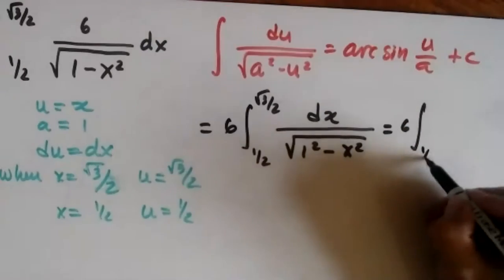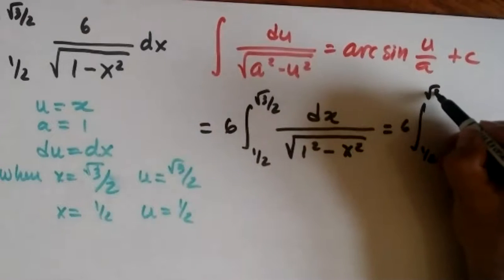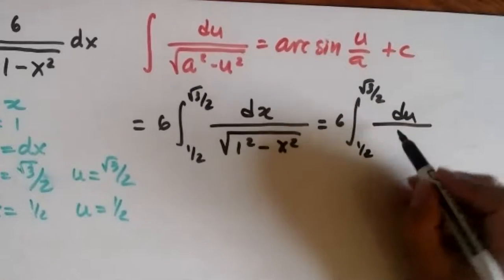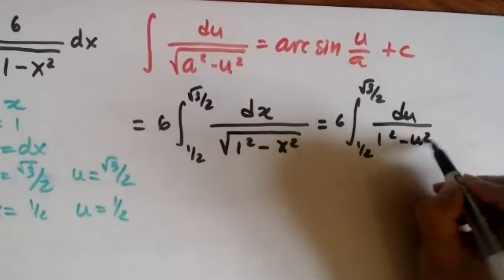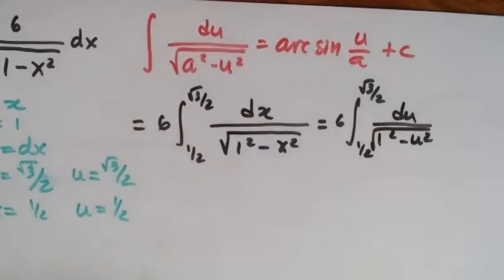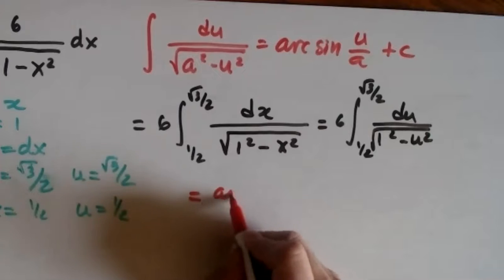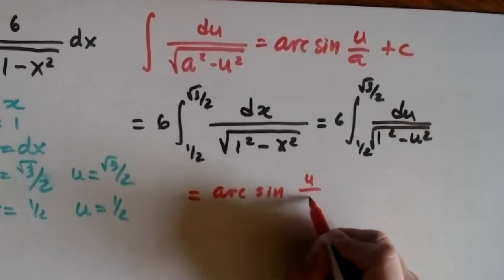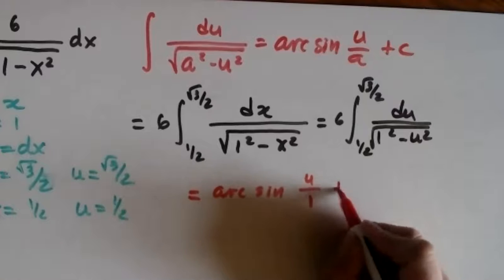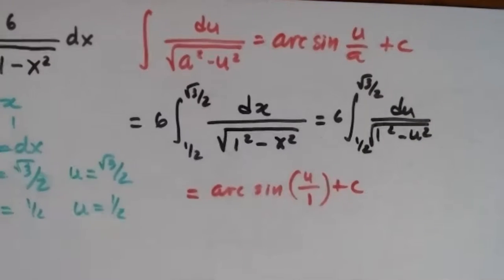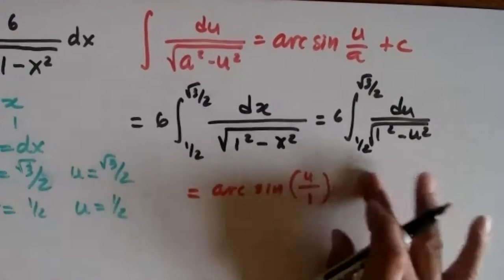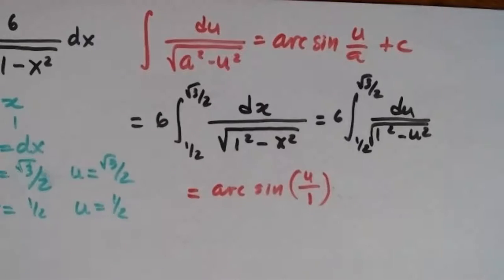Okay, the u values are the same, so I'm going to put them, then I'm going to have du over the square root of 1 squared minus u squared. Okay, now I just put my answer. My answer is the arcsine of u over a, in this case a is 1, plus c, right? And the only thing I have to do is substitute back my value, so it's a. This is the point, not the c.